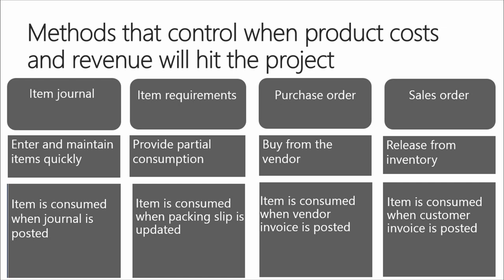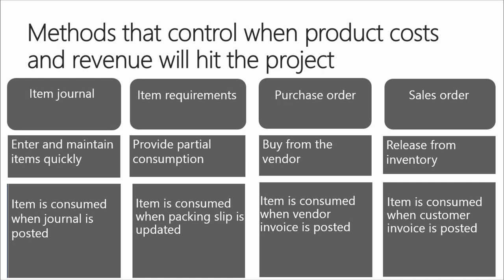You can use item requirements, which in turn are sales orders, that enables you to consume the item when a packing slip is posted for the sales order line. This is for the companies that have their own inventory and they don't want the cost to hit the project right away.